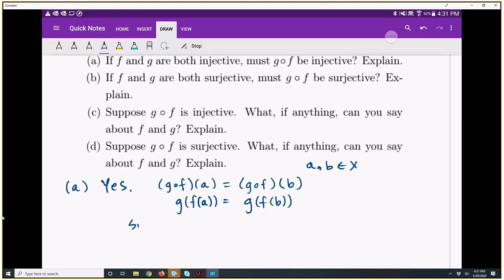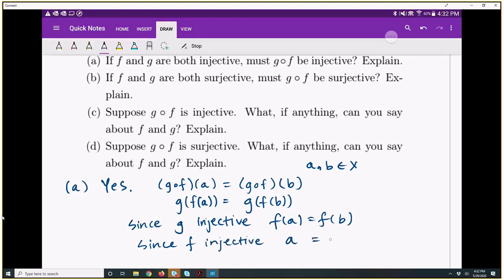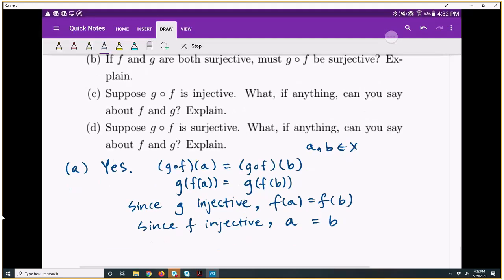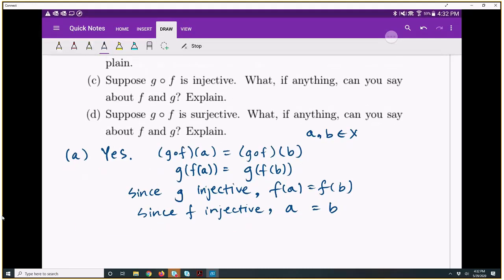So since g is injective, we can say f of A must equal f of B. And since f is injective, it must be that A equals B. Because if A weren't equal to B, then f of A couldn't be equal to f of B. If f of A wasn't equal to f of B, then when I applied g on them, they wouldn't go to the same place. So we conclude that the composition is injective.